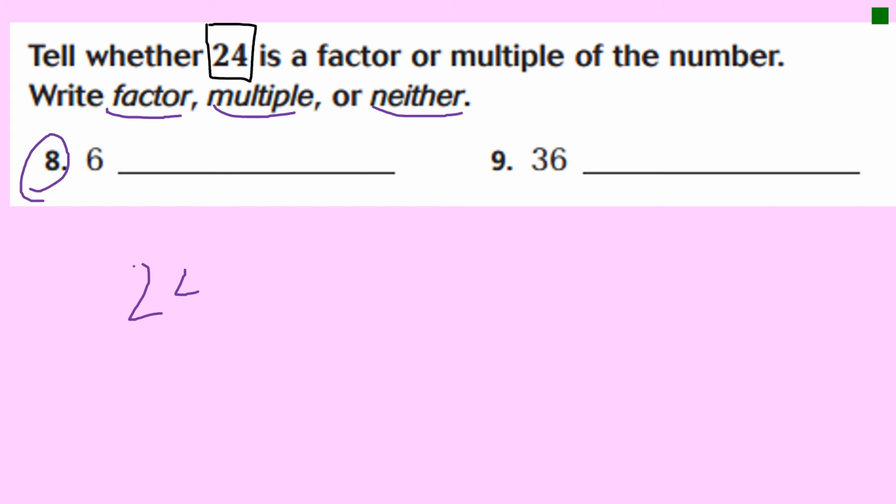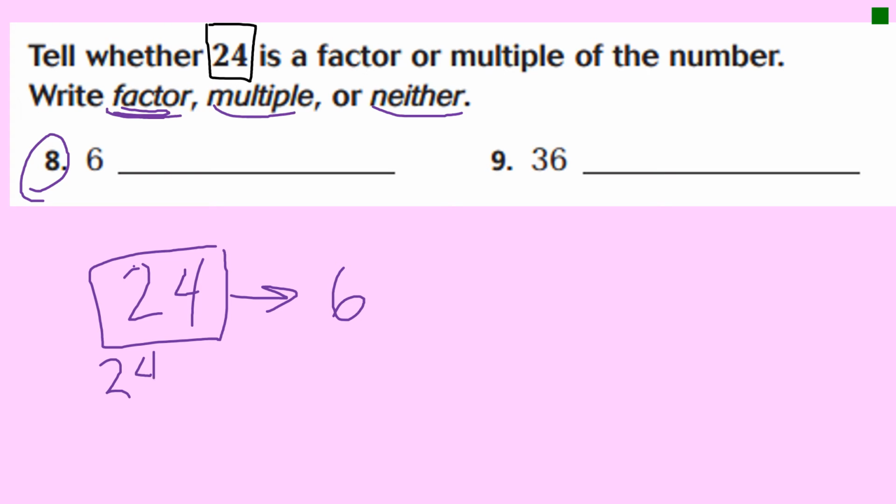Is 24, we're going to start with factor. Is 24 a number that is in the factory that we can use to make 6? Is 24 times some number going to equal 6? That's a factor. No, 24 times no whole number will get you 6, right? Okay, that's not going to work.